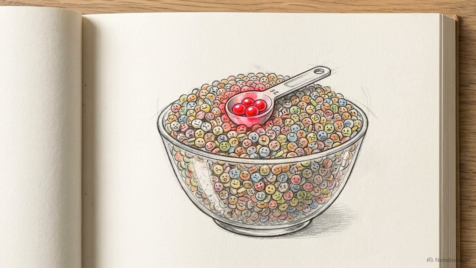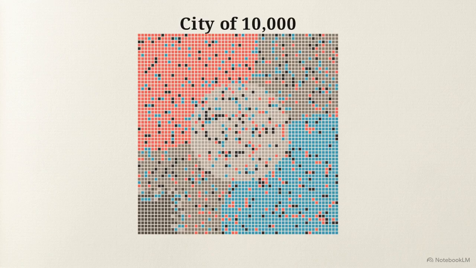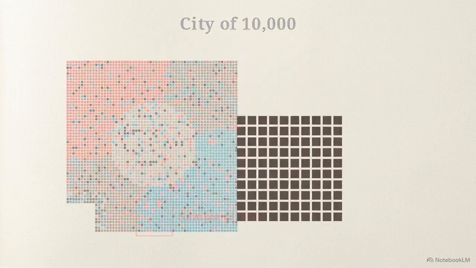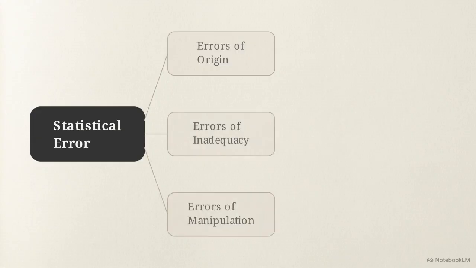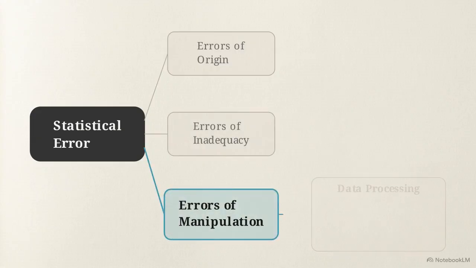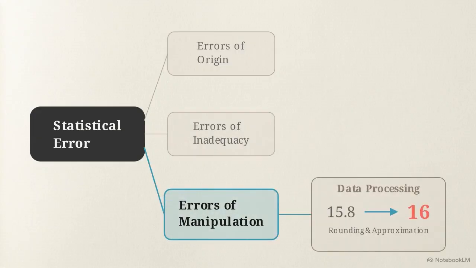This occurs when a sample is improperly selected, or when the sample size is simply too small to carry the required data. Look at this population model. A poorly constructed sample of 100 people fails to perfectly mirror the complex demographic gradients of a city of 10,000. When you analyze this improperly selected subset, the resulting characteristics will fail to reflect the true universe being studied. The third category is errors of manipulation, which occur later during the data processing phase.